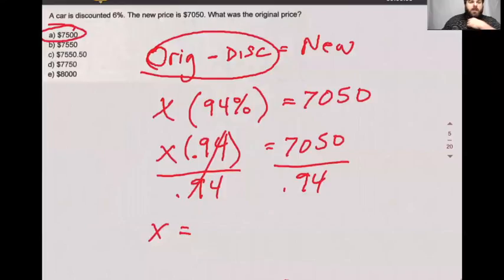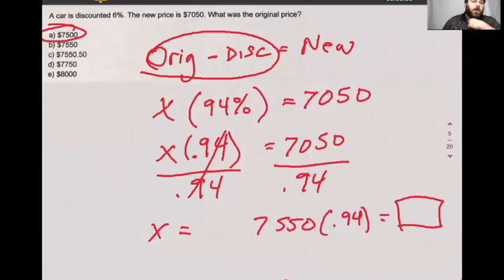You could have picked B, and you would have seen that B was too much. If you took B, this 7550, and you multiplied it by 94%, which is a 6% discount, you would have seen that your answer was too big. So you would have known that the answer has to be smaller. So with only choosing one guess there, you would have known it was A. So that testing strategy really could have been useful here as well.